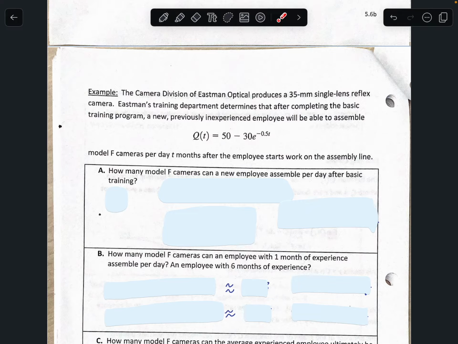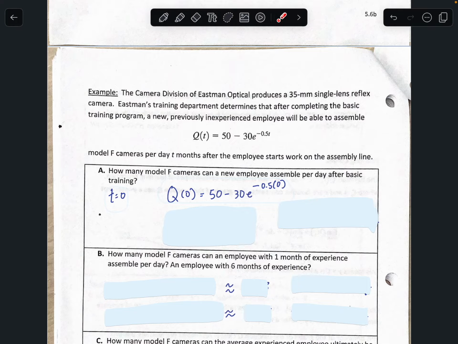Okay, so for part A, it says how many Model F cameras can a new employee assemble per day after basic training. After basic training, that means they're fresh. They haven't had any work experience yet. So we can say that would be t equals 0 because we're just starting. All we're going to do is plug 0 into our function. You can actually do this by hand.